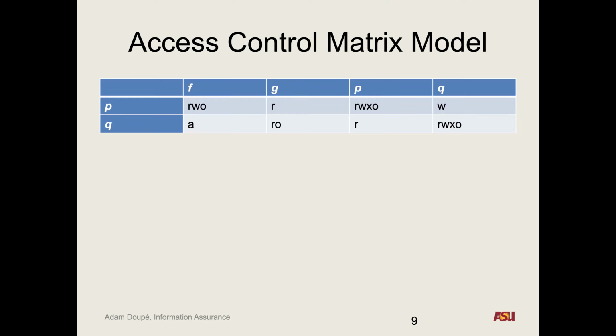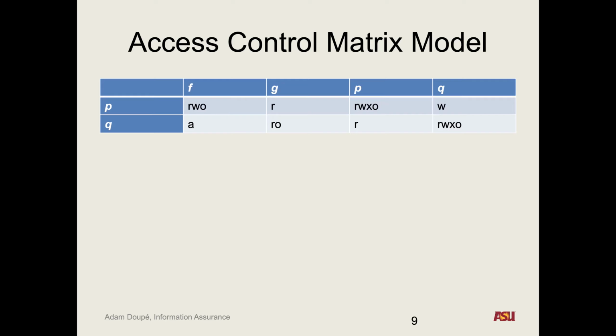One of the key problems is that here we have everything in one giant table trying to capture a ton of information. But what if we split this matrix up into different slices?